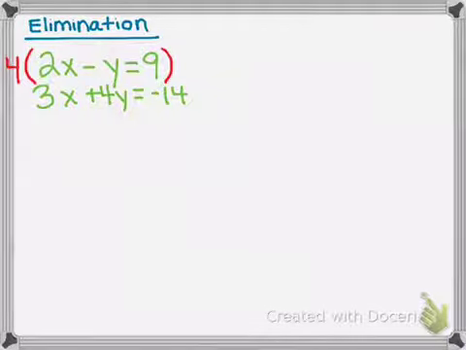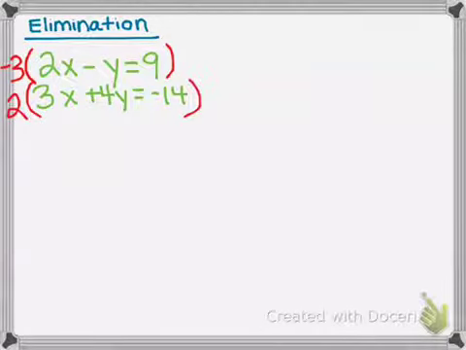And if you did that, you'd have to multiply this top one by negative 3, and the bottom one by positive 2, because the lowest common number that 2 and 3 make is 6. Now, that's a little bit more work than the first way I showed you, but again, what that would do is eliminate the x's.